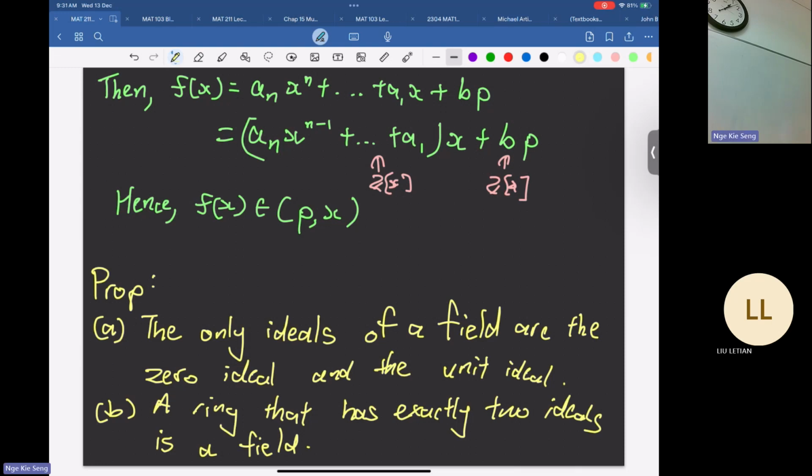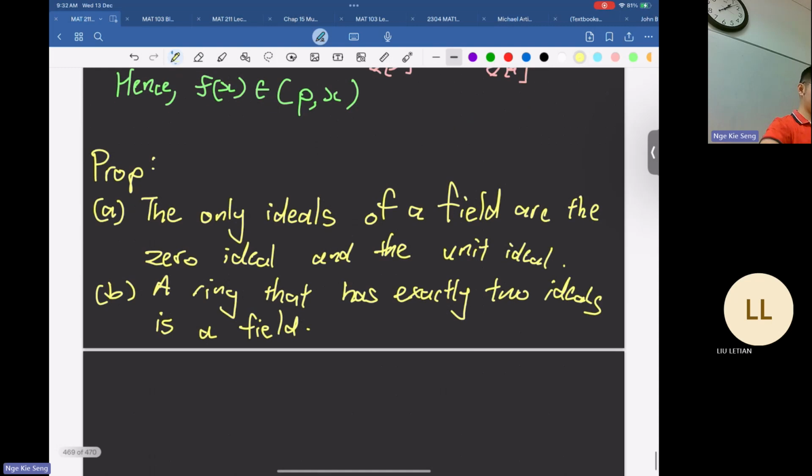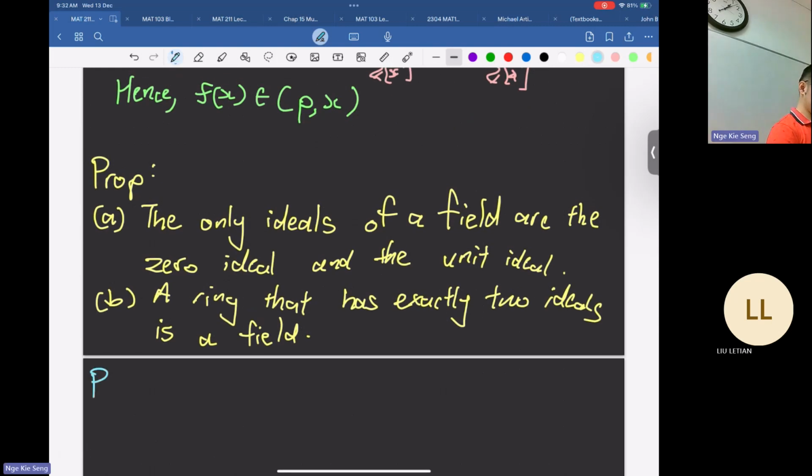How to generate? You take linear combinations, right? You take multiples with elements inside the ring. Do I get one or not? Think about it.